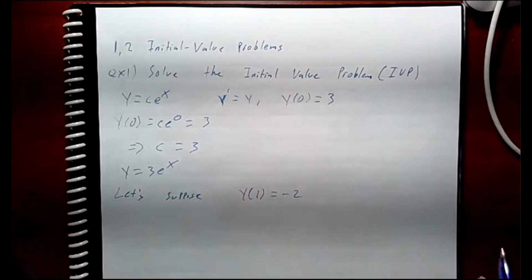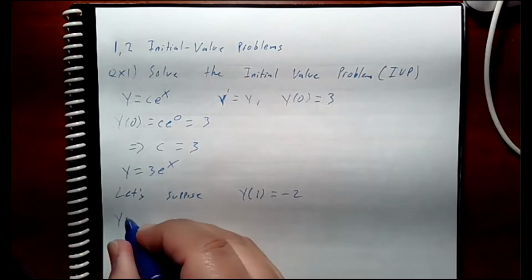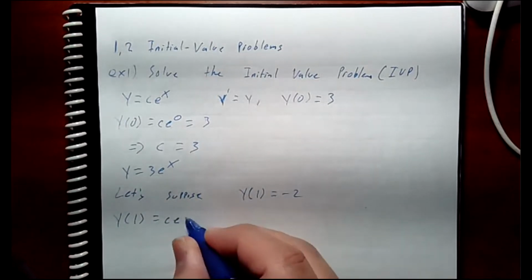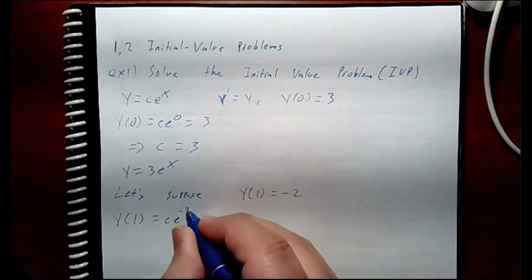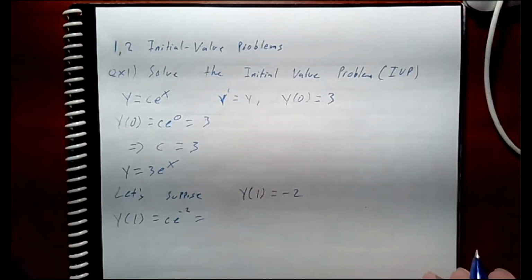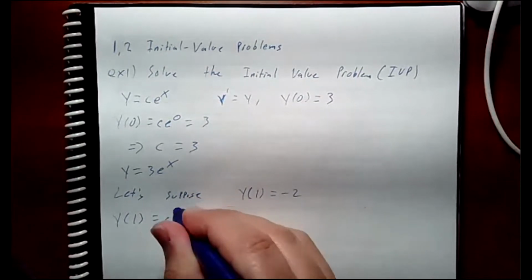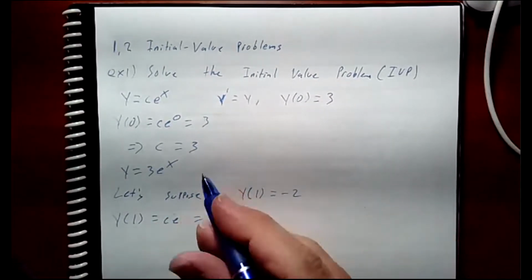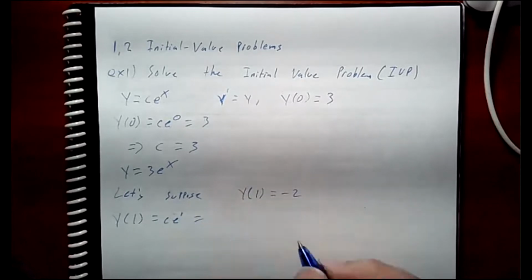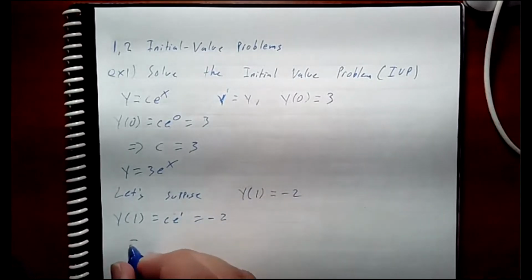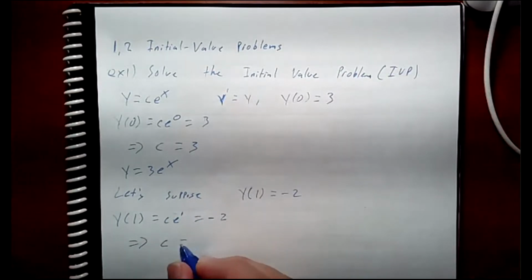Okay. So y of 1 is equal to c e to the -2, which is equal to... 1, not 2... 1 equal -2. So that implies that c is equal to -2 over e.